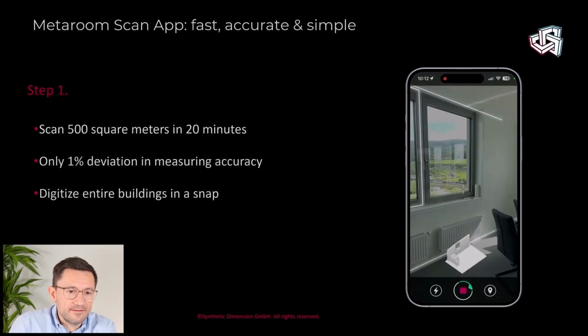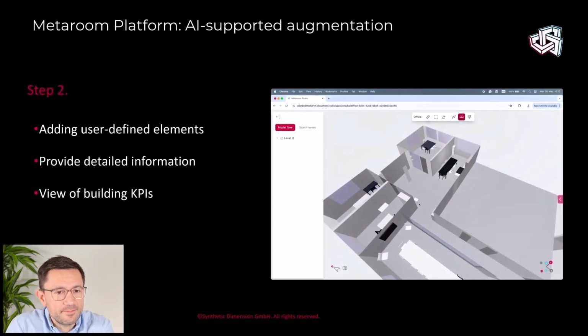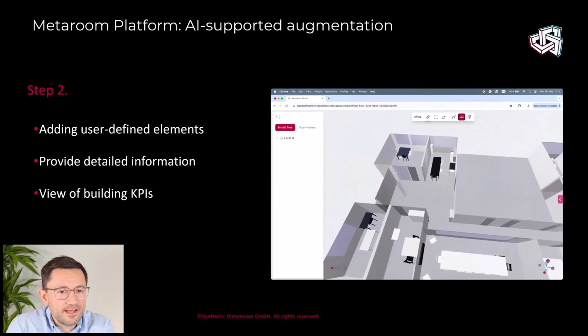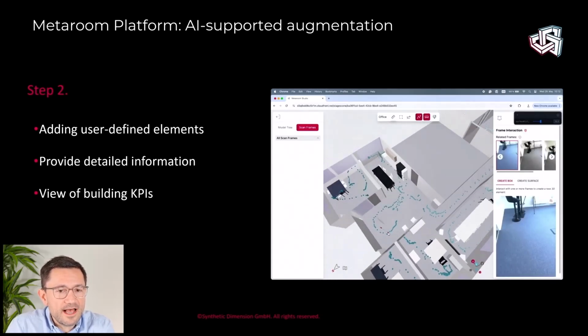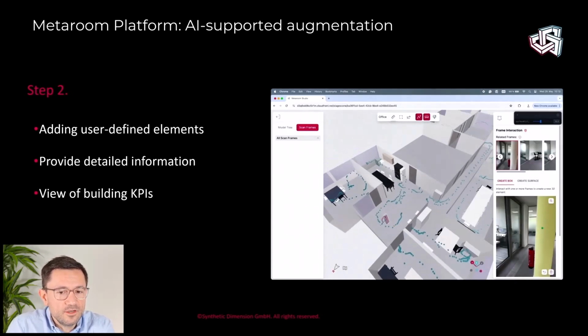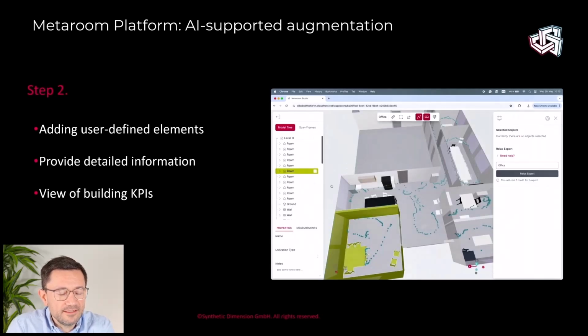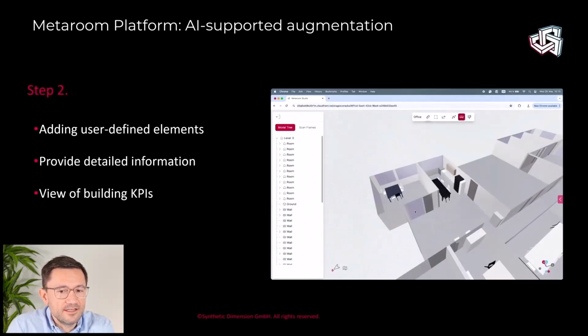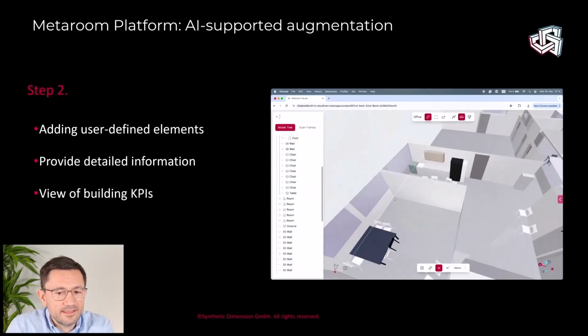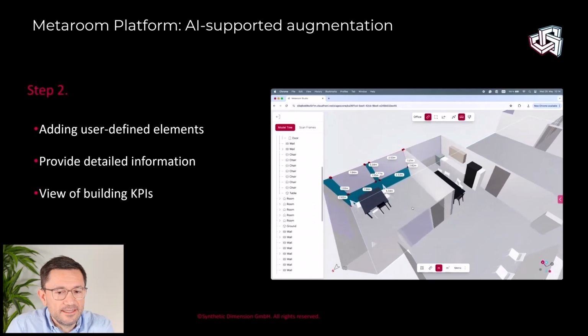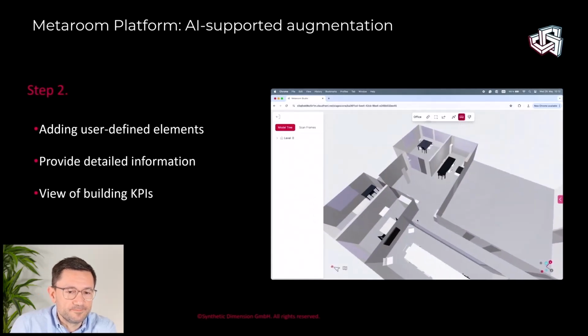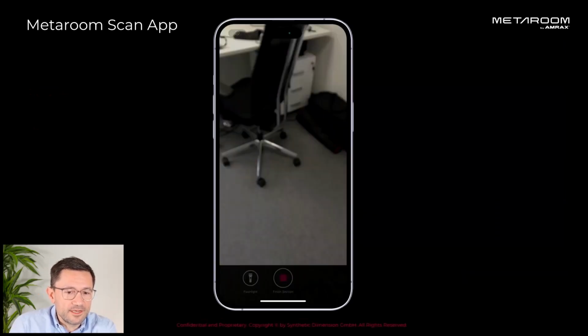Then the second component or second step is here our Metaroom platform, which is an AI-supported tool that gives you the possibility to enhance the scans you have done with even more objects. And we will also take a deeper look at this in the live demo soon. Now over to you, Henrik.